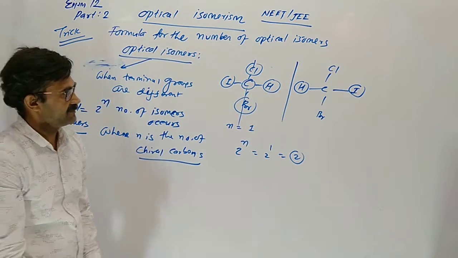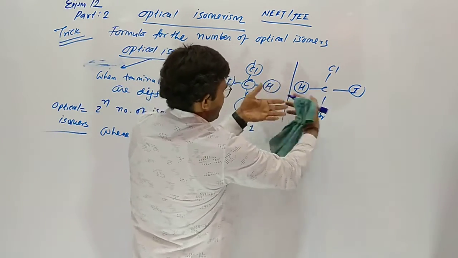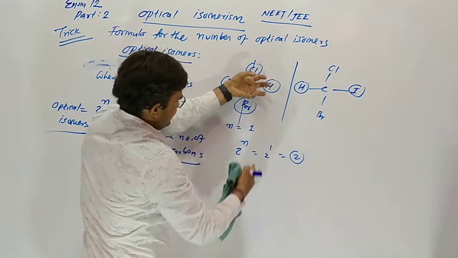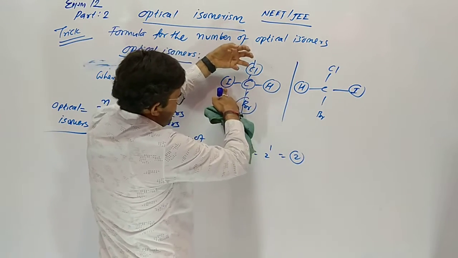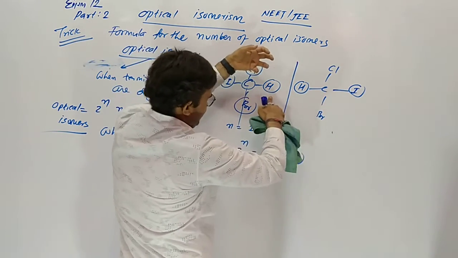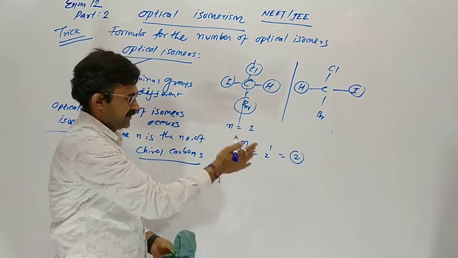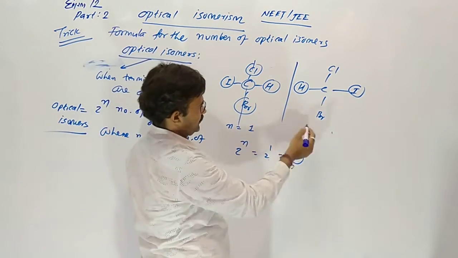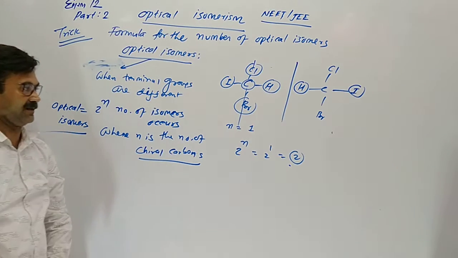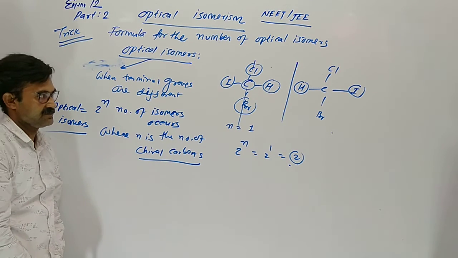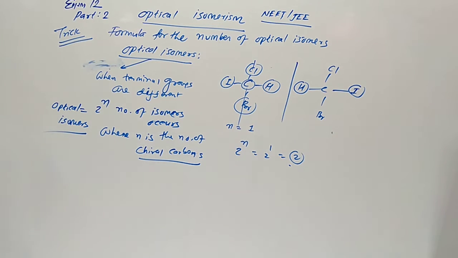Mirror image, and both are not superimposed when we take them here. So H comes over I, I comes over H. Both are not superimposed. So 2 optical isomers occur. Understood?